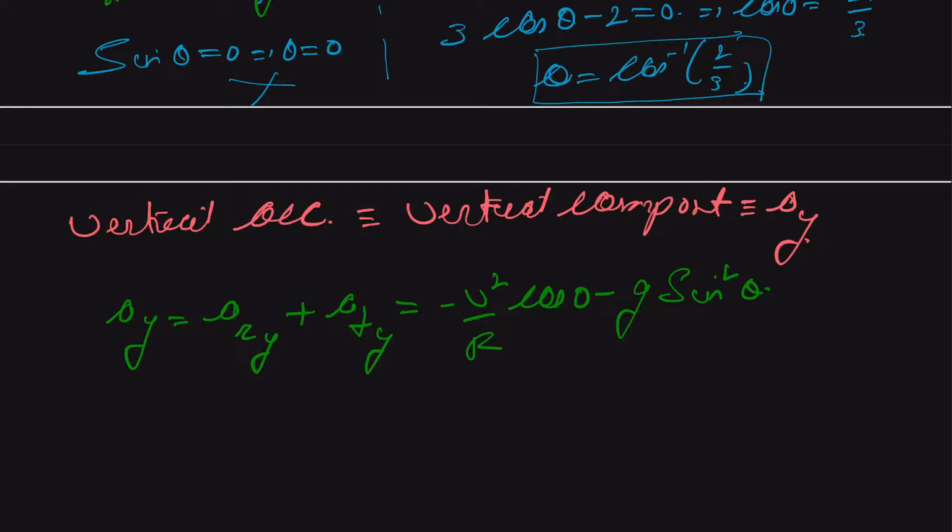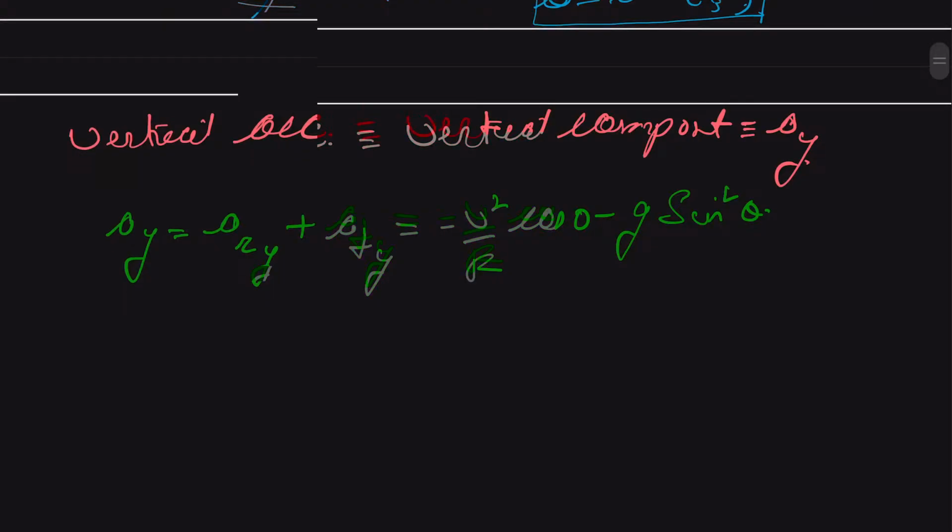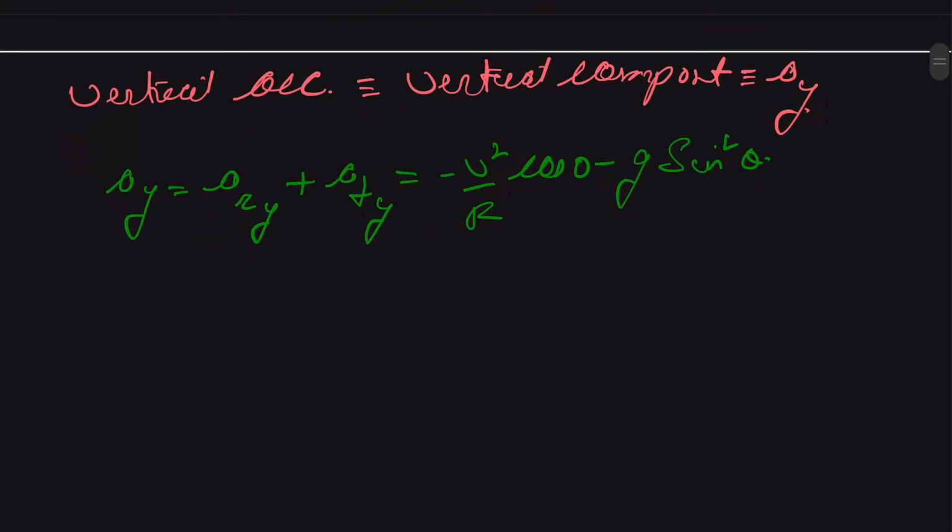And v square upon r is g cos of theta, so we can just use that and take minus common. So we get a of y equal to minus v square upon r, which is g cos of theta.